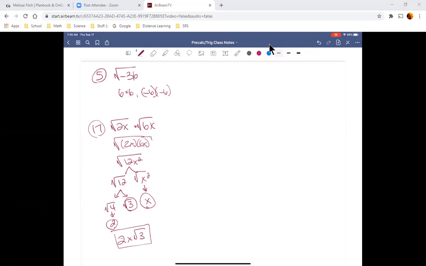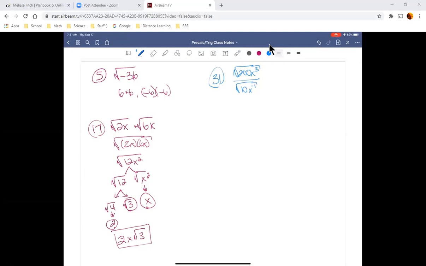And then 31. So 31 is the square root of 200x to the third all over the square root of 10x to the negative 1, right?